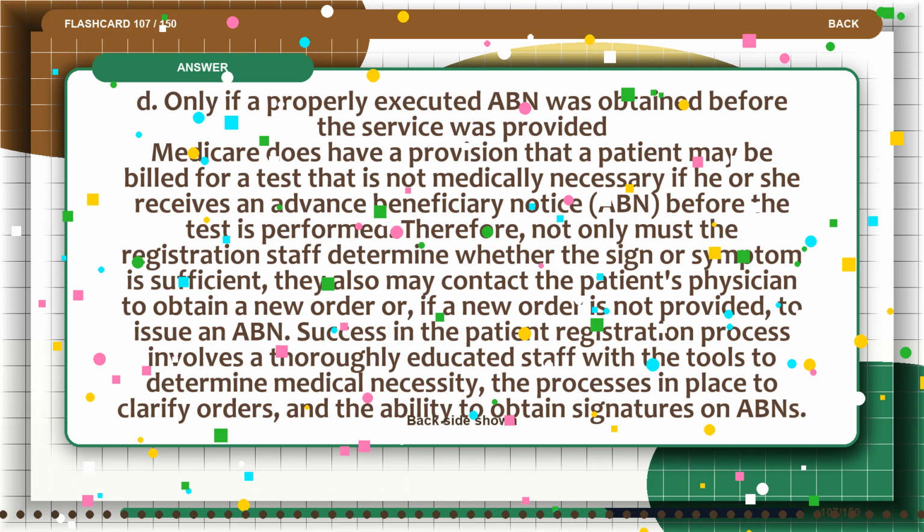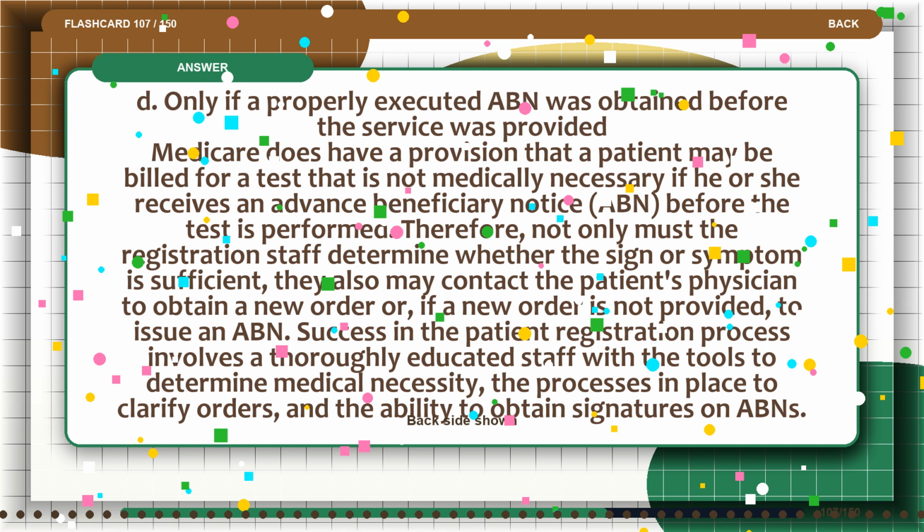The answer is D. Only if a properly executed ABN was obtained before the service was provided. Medicare does have a provision that a patient may be billed for a test that is not medically necessary if he or she receives an advance beneficiary notice, ABN, before the test is performed.